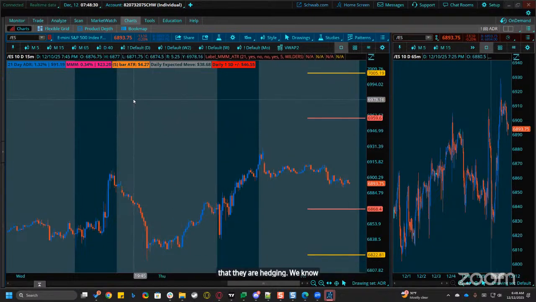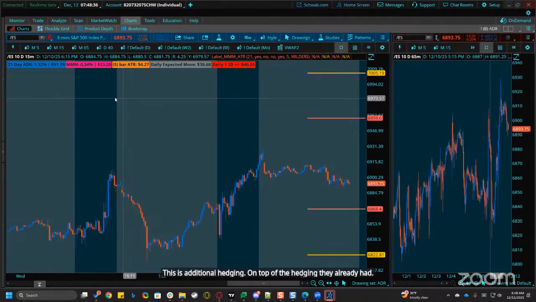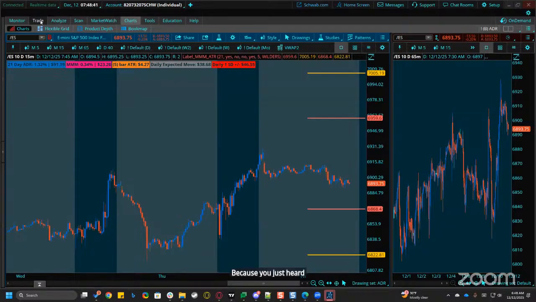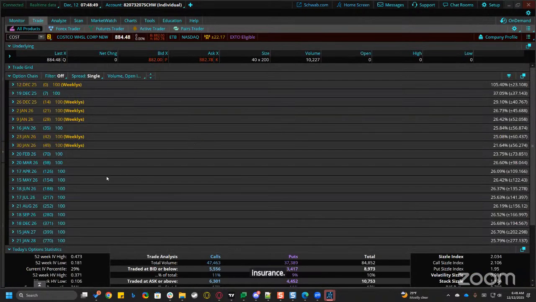We know that they are always hedged. This is additional hedging on top of the hedging they already had. It's like buying additional homeowners insurance because you just heard the report that a tornado landed and it's headed your way. So what do you do? You get some extra insurance. Why not, right? Load it up.